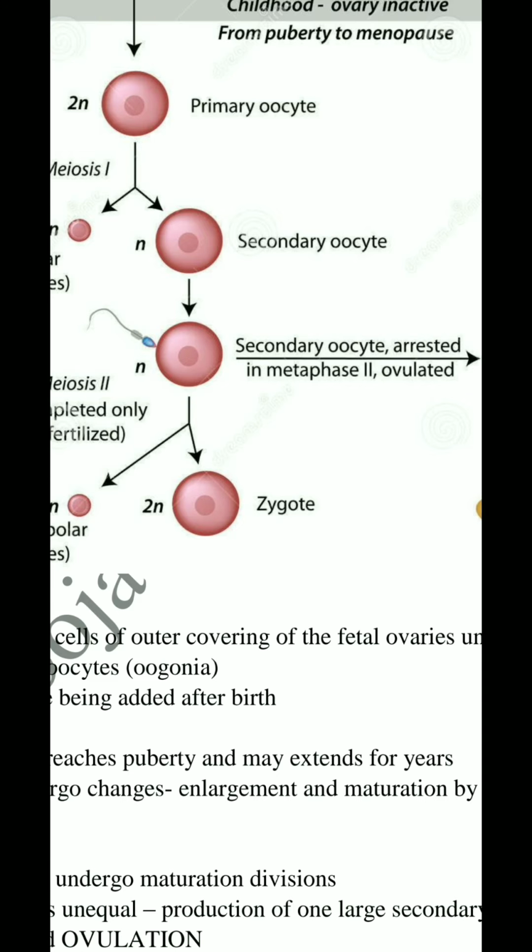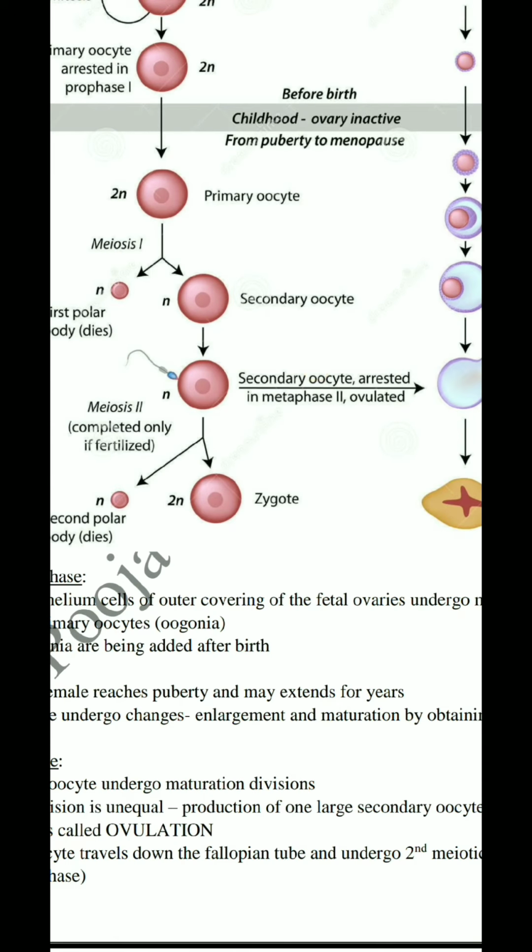And if sperms are not coming, this particular secondary oocyte will not be able to form zygote, right? So after that, it will go out as an unfertilized ovum through the vagina with the menstrual flow in the next menstrual cycle, or in the next menses.